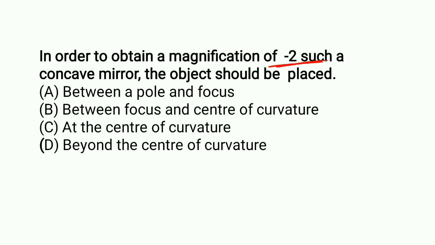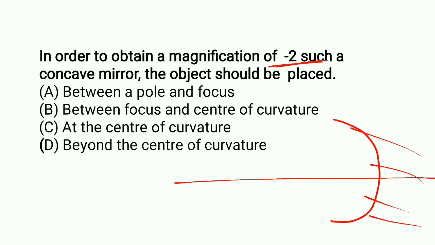For the concave mirror, let us suppose this is the focus, and this is the center of curvature. If I keep the object between pole and the focus, the image will be virtual and erect. So magnification -2 is not possible for option A.